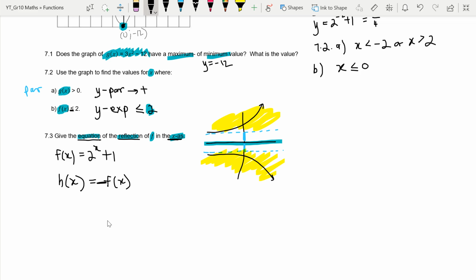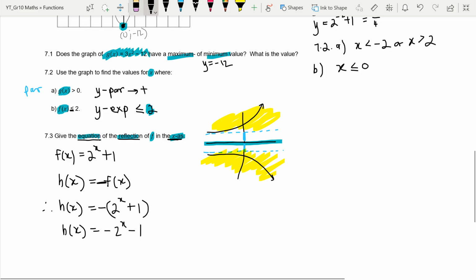All the y values that used to be positive will now be negative, and all the values that used to be negative will now be positive. So h of x is equal to f of x multiplied by negative 1. When we do that, we get that h of x is equal to negative 2 to the power of x minus 1.